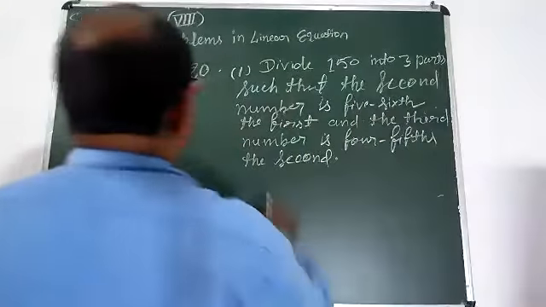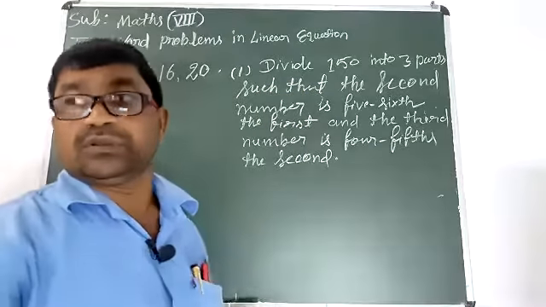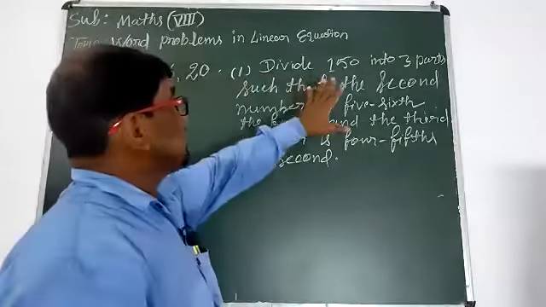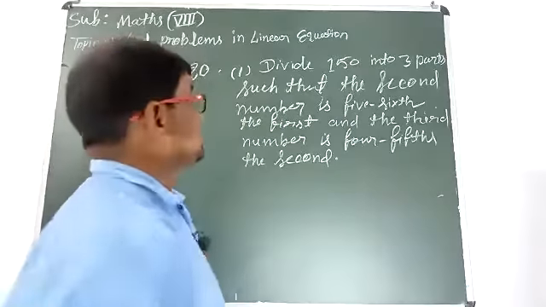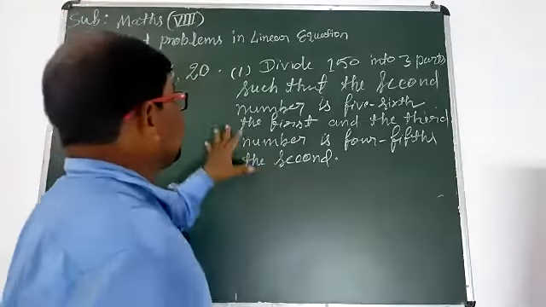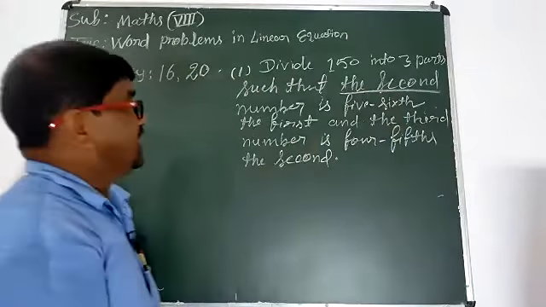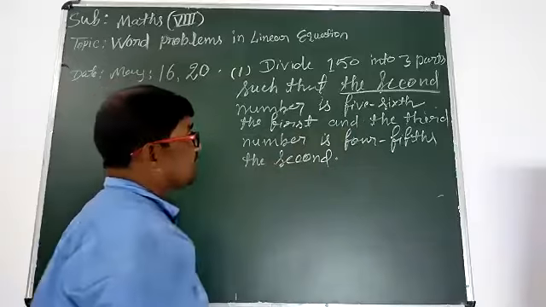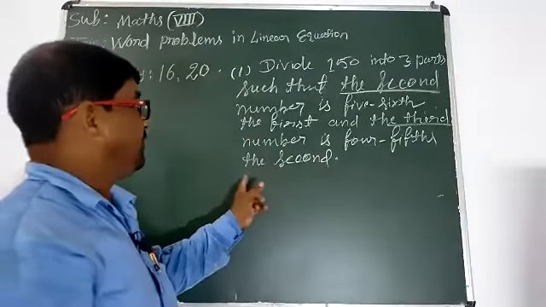Okay, divide 150 into 3 parts. Division of the number 150 into 3 parts. But how to divide? This is the condition: the second number is 5/6 of the first number, and the third number is 4/5 of the second number.